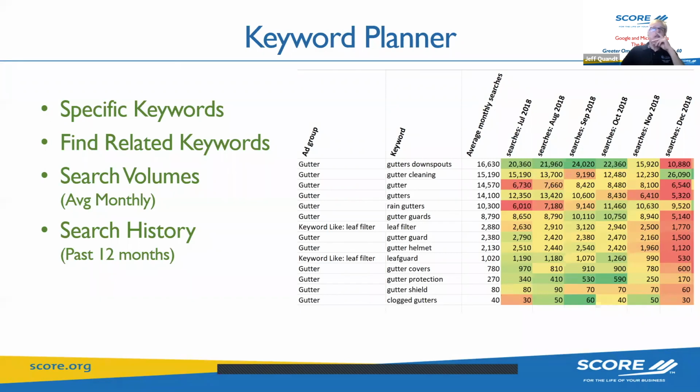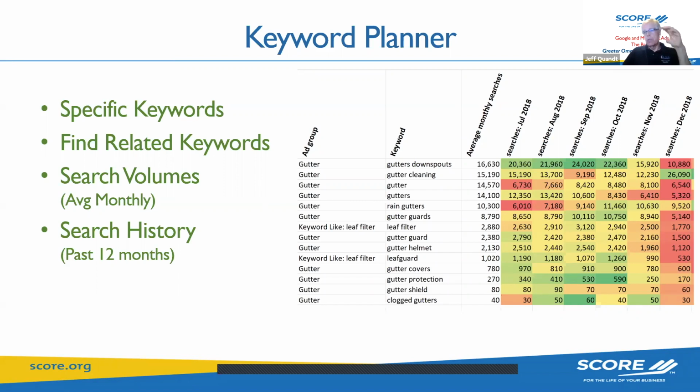Okay, so keyword planner. When I did this, this is actually from one of my clients. There are ad groups, and then there are keyword phrases and keywords that we were looking at, and when people are searching on them. So you can find specific words, and then you can also use those tools to find related keywords.